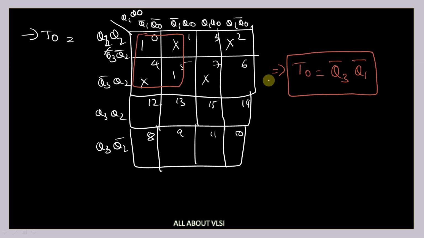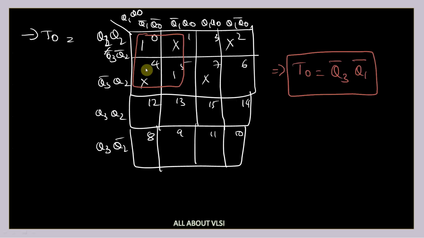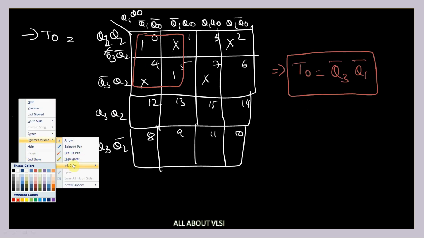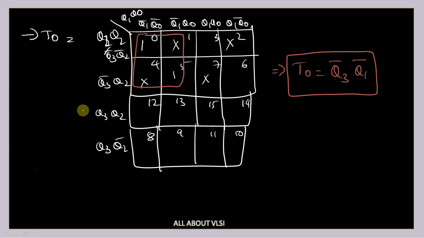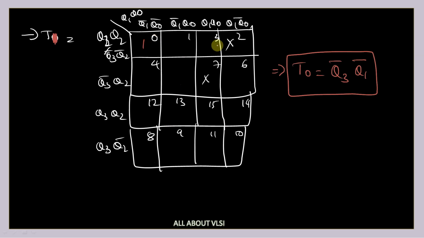Okay. So let us also find out the equations for T1, T2 and T3. Let me copy this K-map. So this is my equation for my T0 and let us write down the equations for T1, T2 and T3. Coming to my T1, what are the minterms for my T1? T1 is 0, 3, 5 and 6.